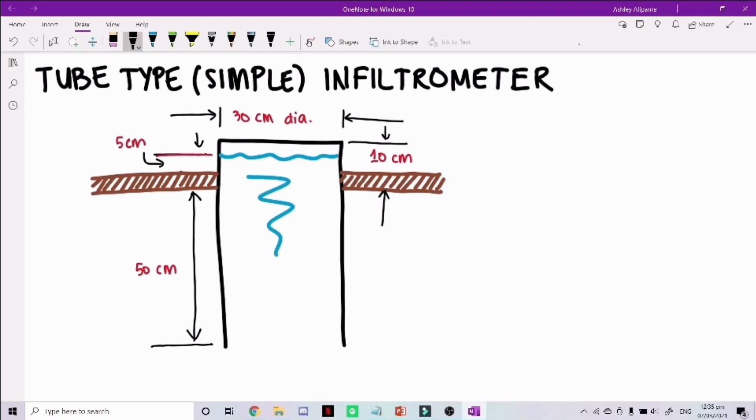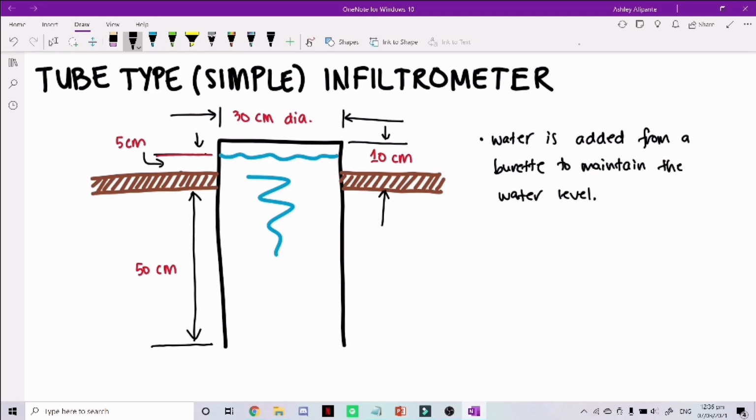As the infiltration proceeds, dinadagdagan ang volume ng water by adding water from a burette para ma-maintain ang water level sa tip ng pointer.